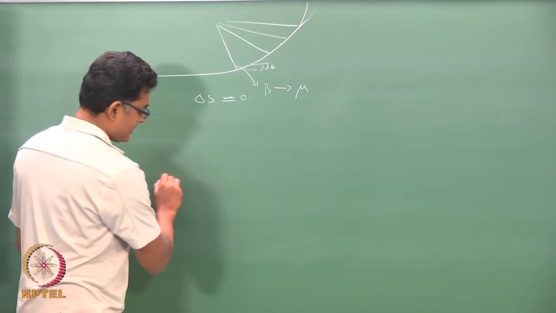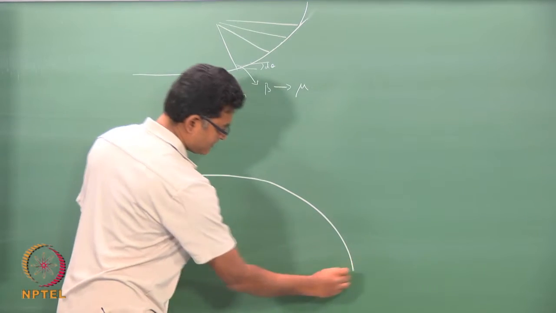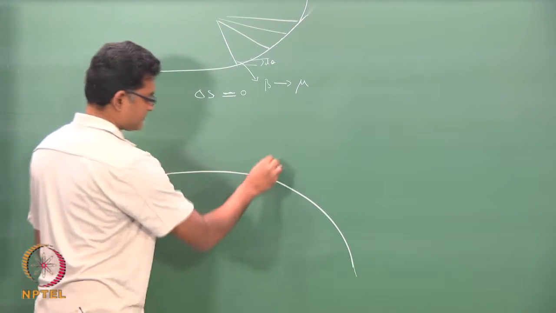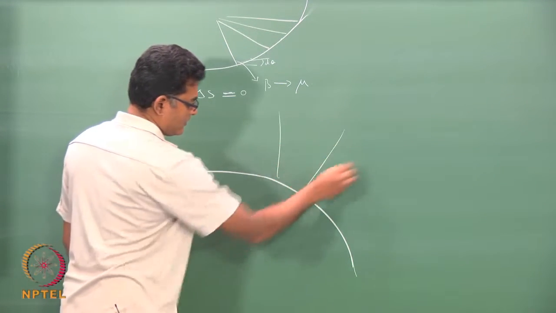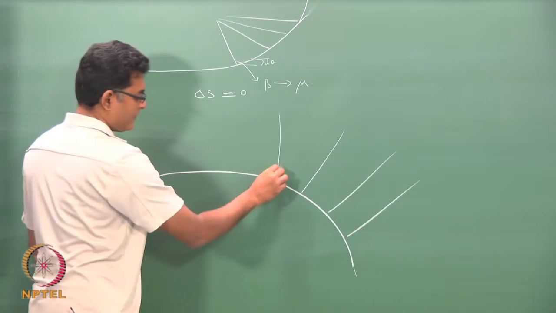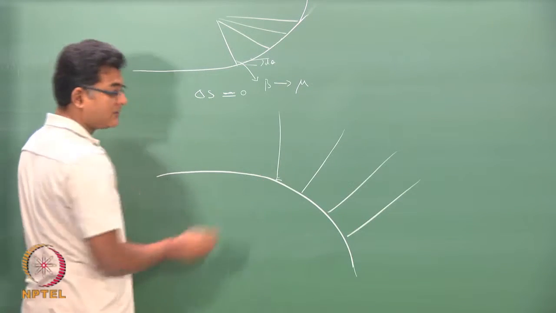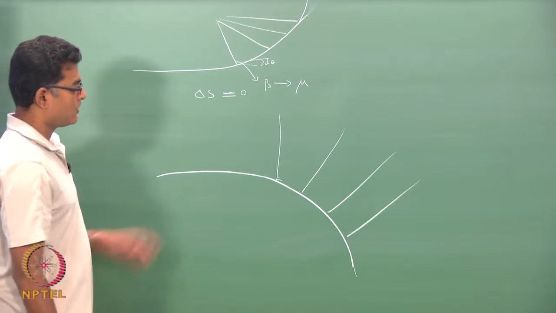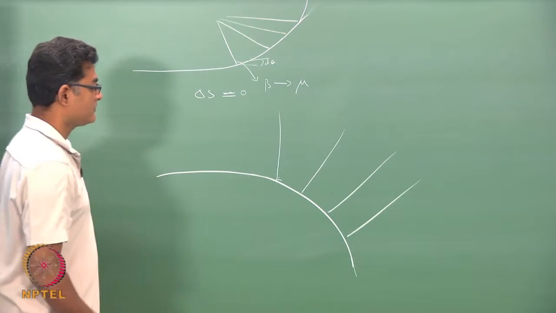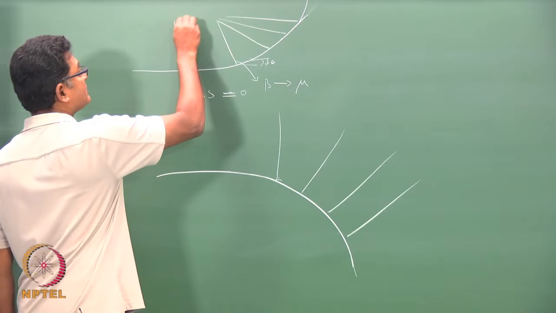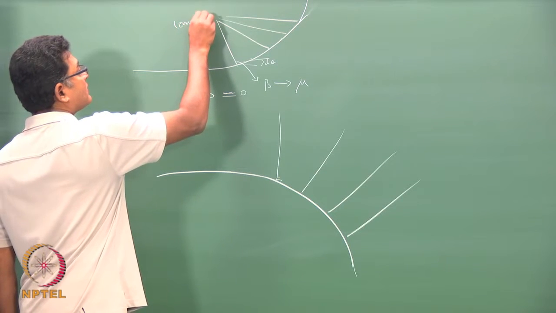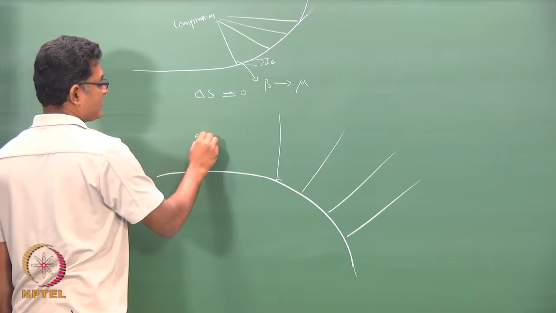Now what we are going to see is, if something like this happens, and at every location there is a small turn d theta, what happens to this flow? Okay, so this is a compression, this is an expansion.